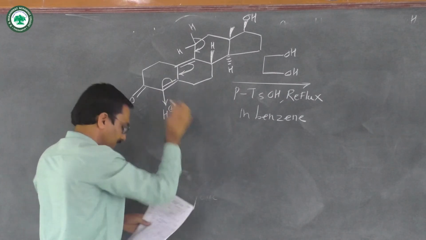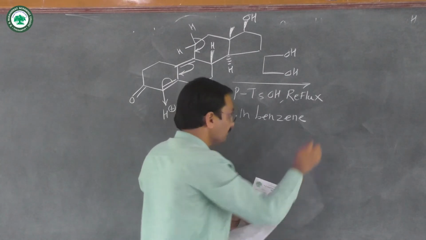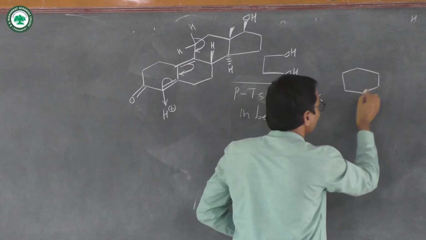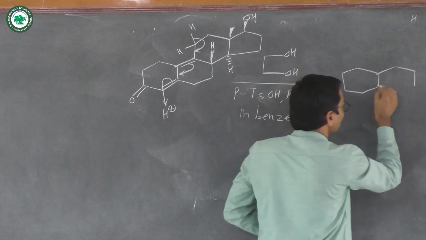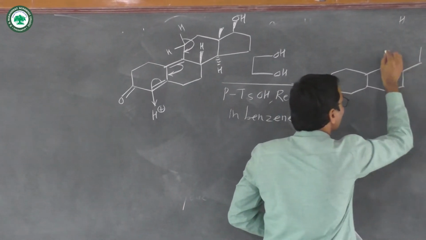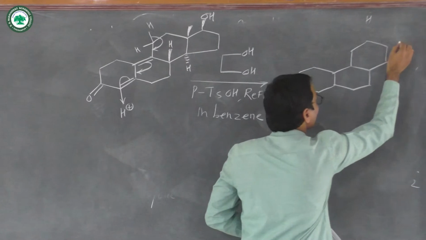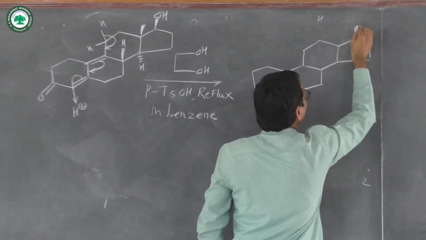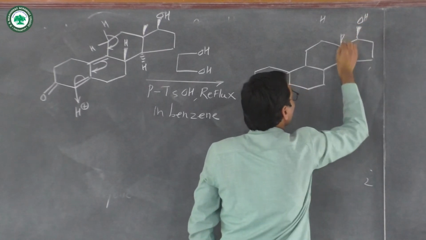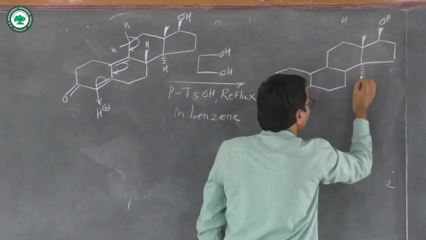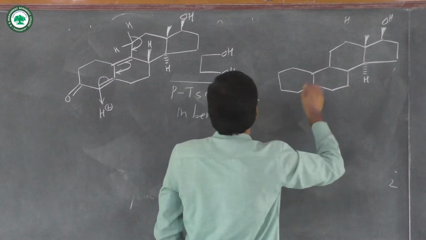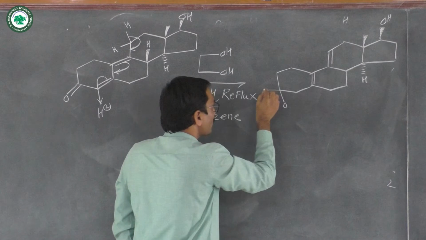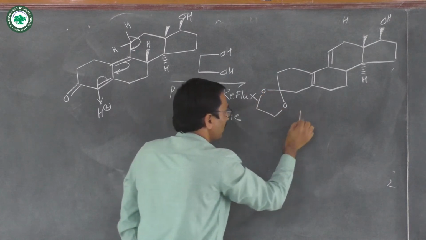In this way, we have this type of structure. Here the double bond, and that ketone is protected as a ketal.